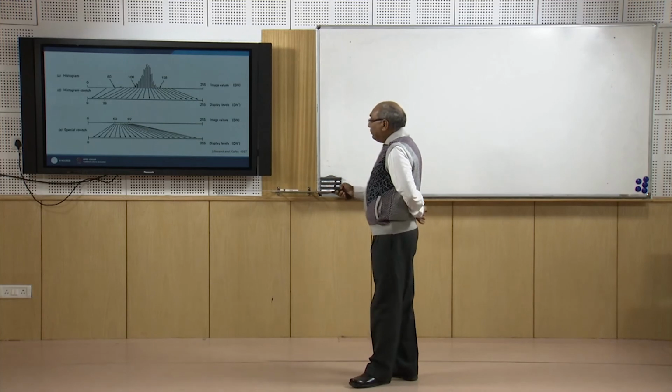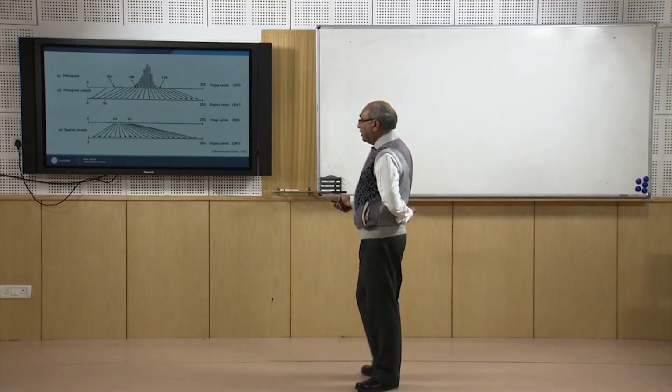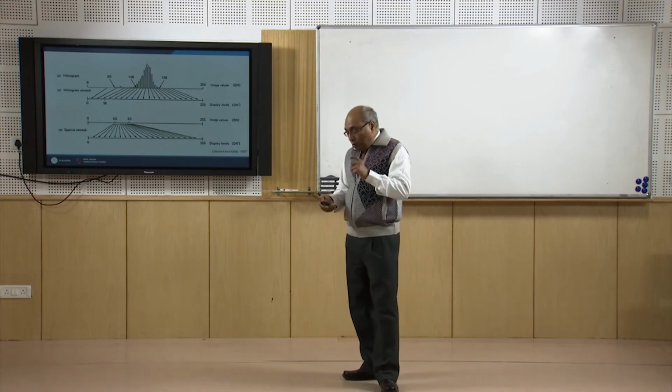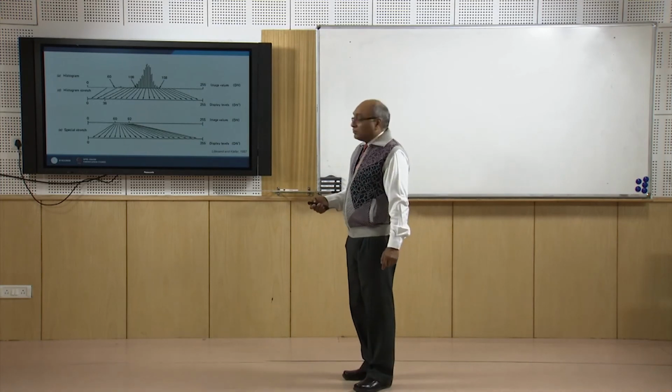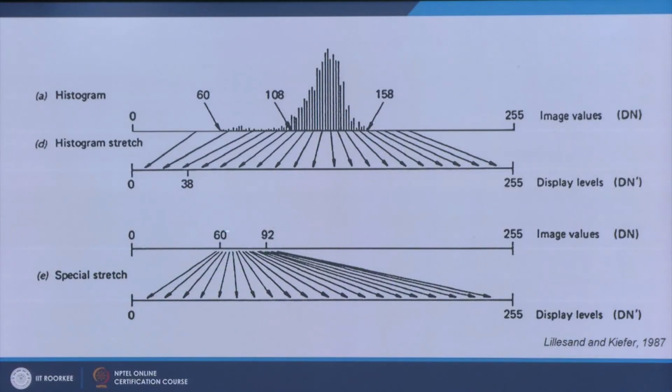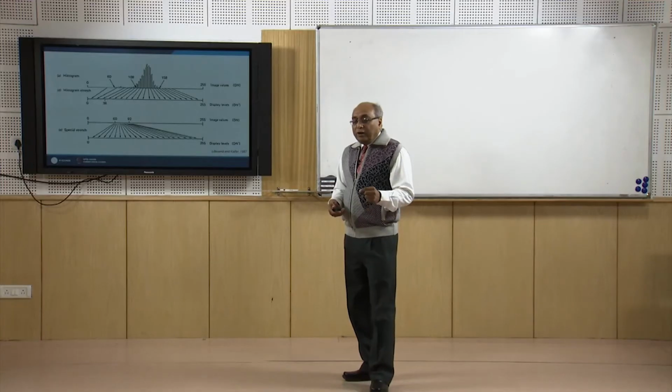There is another way of doing this, the histogram stretch. Now, instead of just changing the value along the x-axis, I am involving the frequency of occurrence of pixel values. Wherever the frequency is higher, those pixels will be stretched more, and wherever the frequency of pixels is less, those areas will be stretched less.